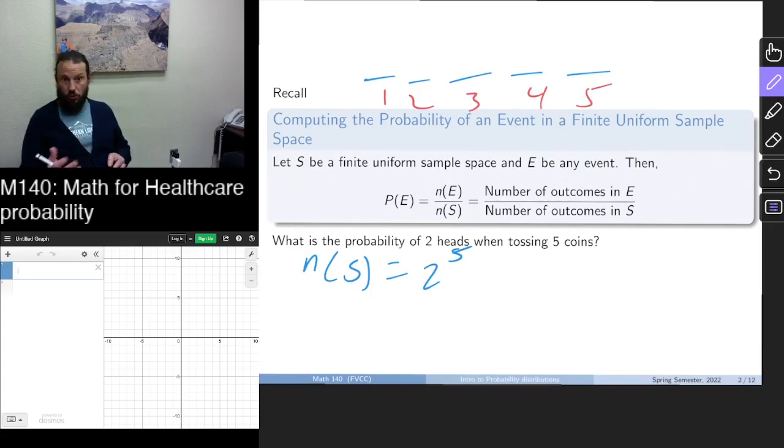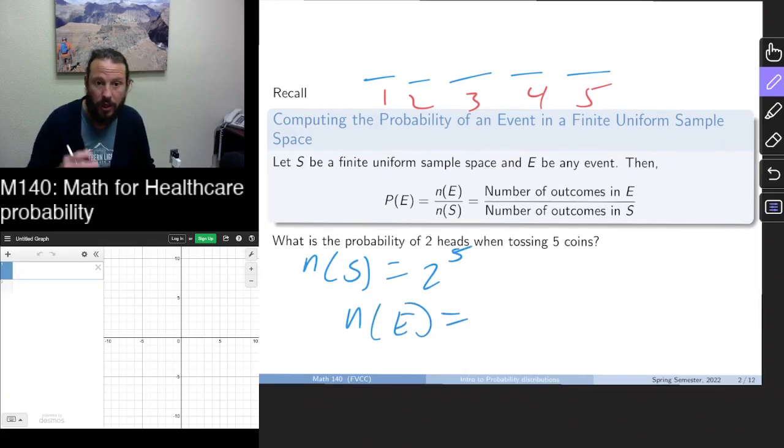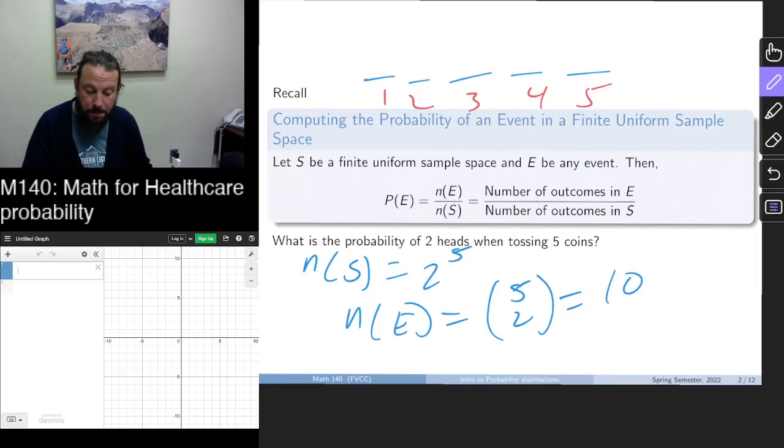It means 2 of those 5 slots are heads, and the rest are tails. So we could look at this problem as asking how many ways there are to pick 2 things from 5. In other words, I have 5 things in a bin, and I have to choose out 2. How many ways are there to do that? That's going to be 5 choose 2, which is 10.